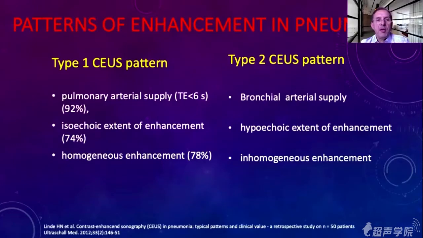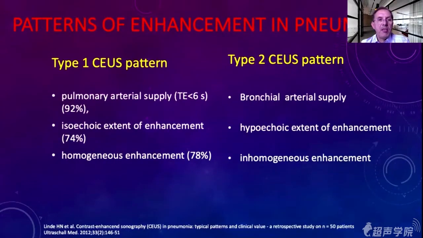Some authors have detected two patterns in pneumonia, with the classical type 1 pattern, which is seen in most of the cases, and this pattern is explained by the pulmonary artery supply with a time to enhancement of less than 6 seconds. And there is the type 2 pattern, where we have the supply from the bronchial artery.